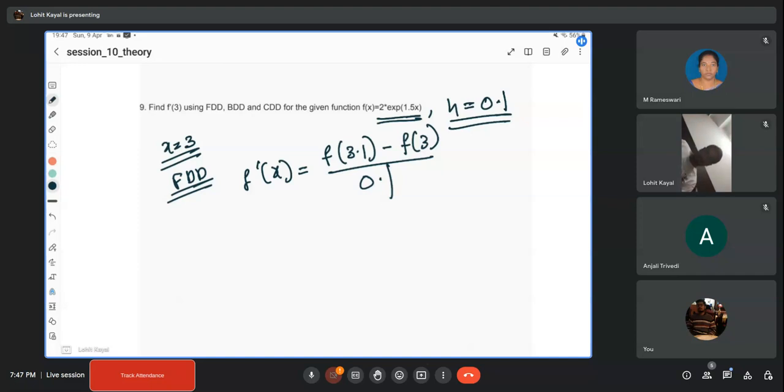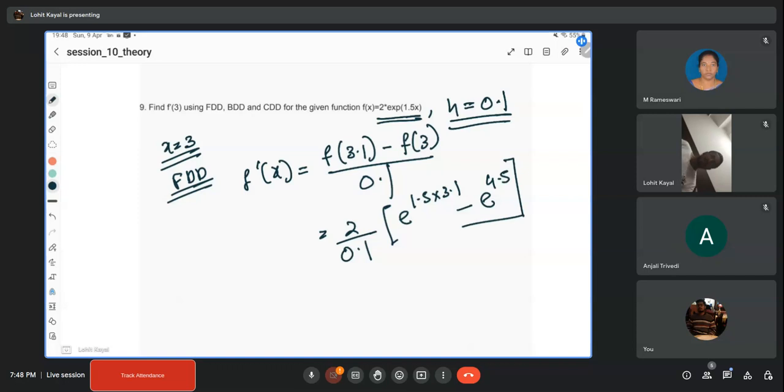So this will be 2 into, so I can take 2 common, 2 by 0.1 into e to the power 1.5 into 3.1 minus e to the power 4.5.